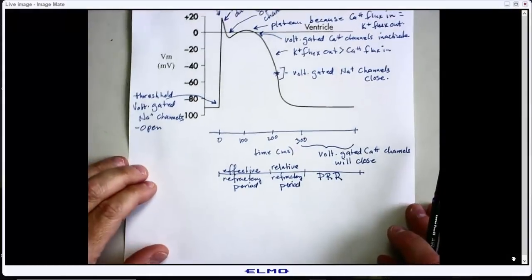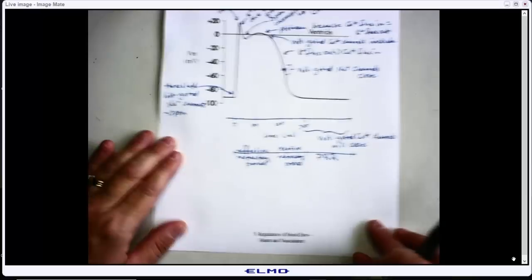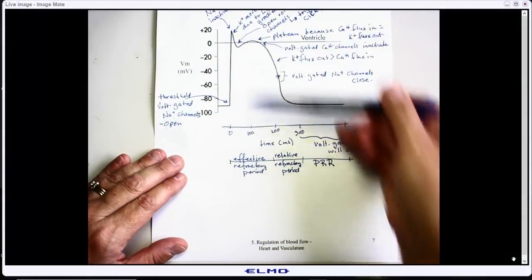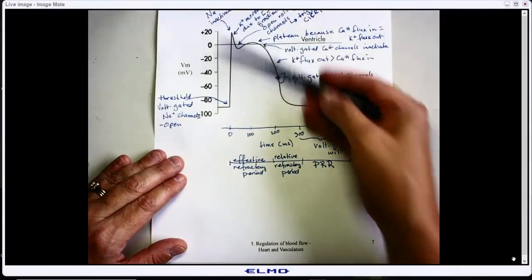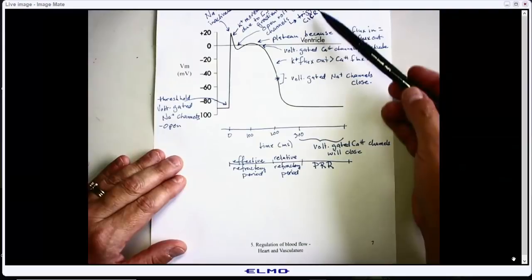So really, I'm going to zoom out here for a little bit and see all this. Same page, we are talking about instantaneously making the membrane permeable to sodium and then instantaneously making the membrane permeable to calcium.